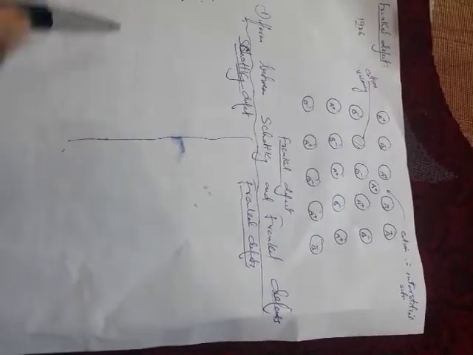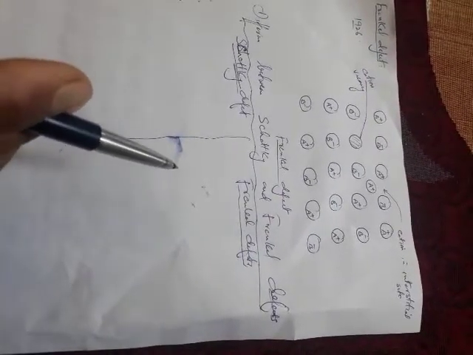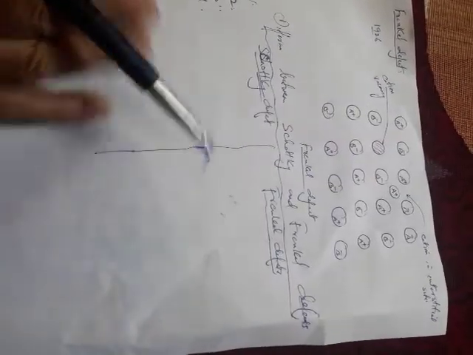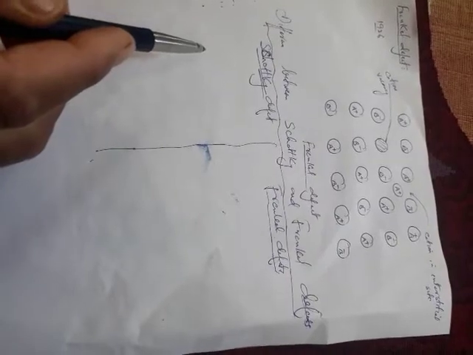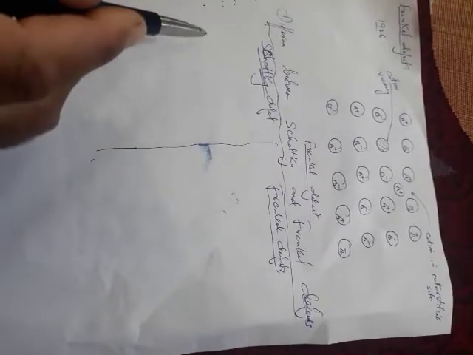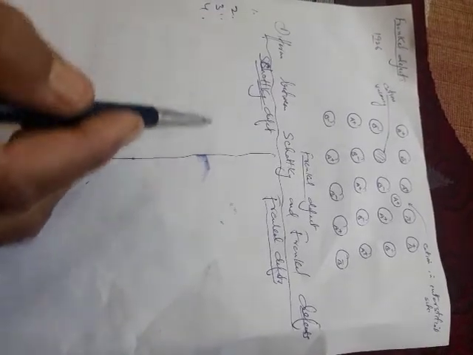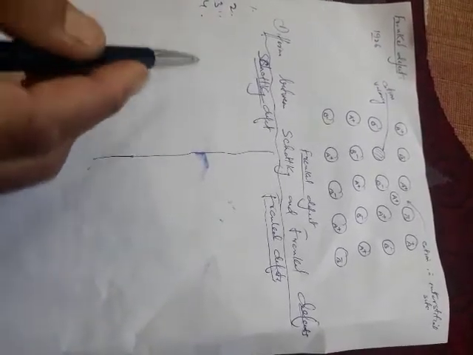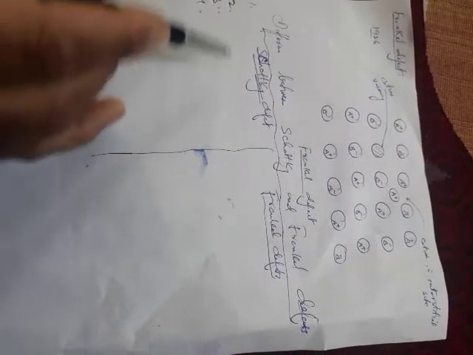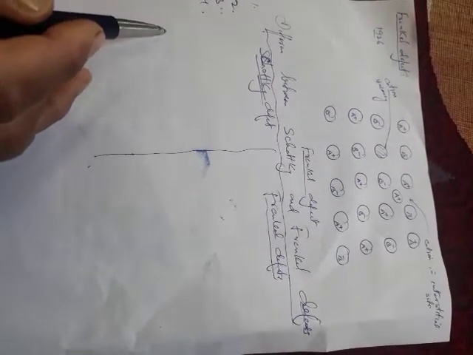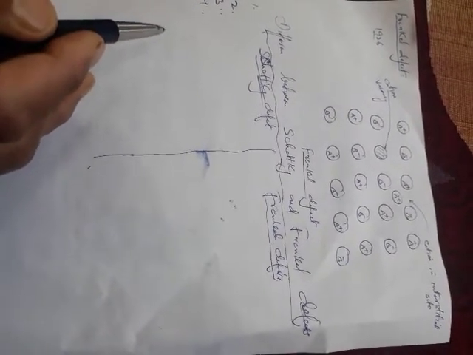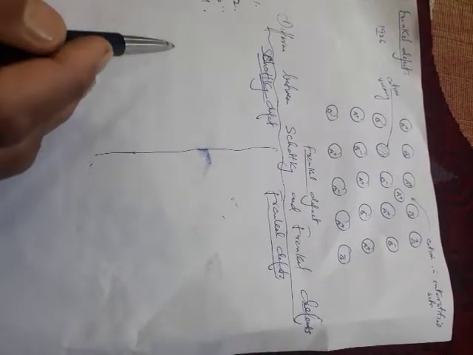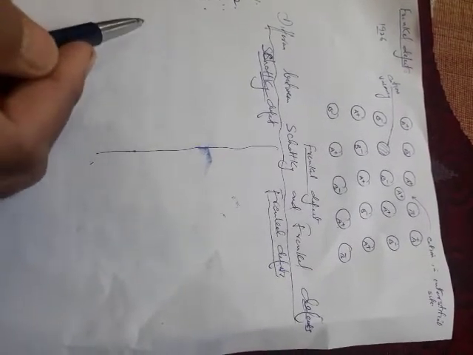Now, one more difference between the two is that in case of this Schottky defect, since it involves the missing of both cations and anions from their normal lattice sites, the crystal becomes unstable because there is a decrease in the lattice energy of the crystal as the attractive forces between the ions decrease.